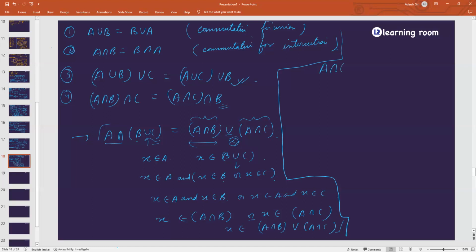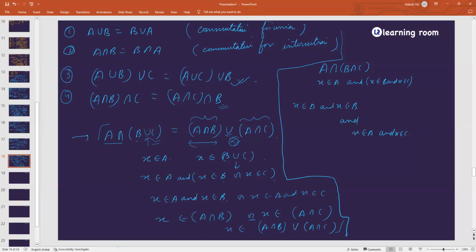So let us proceed with Nivedita's question. A intersection B intersection C. If X belongs to A, and X belongs to B and X belongs to C, right? So X belongs to A and X belongs to B, and X belongs to A and X belongs to C. We can write it like this.